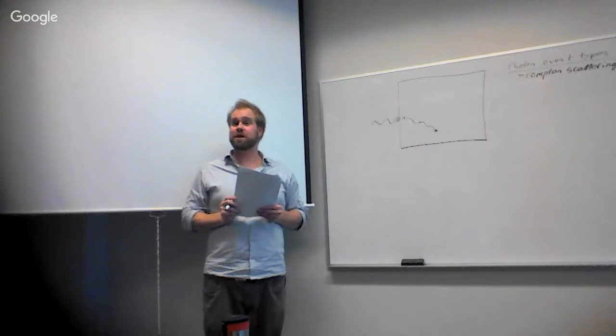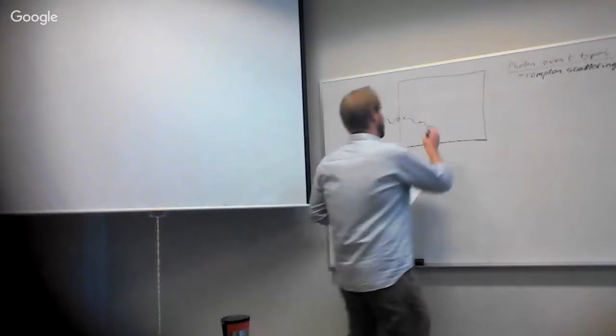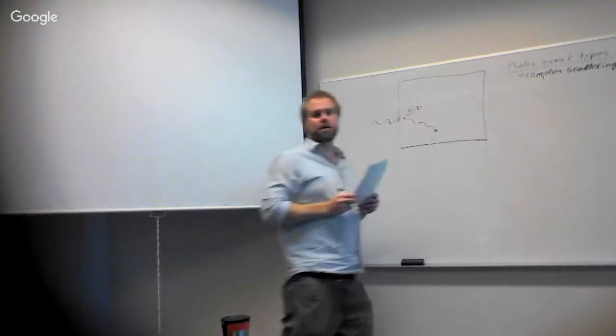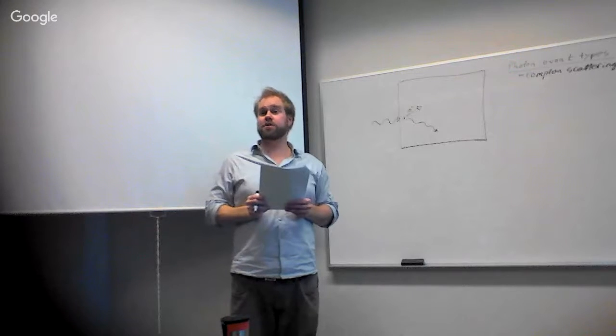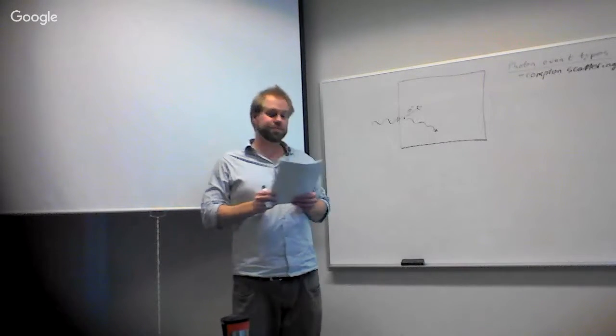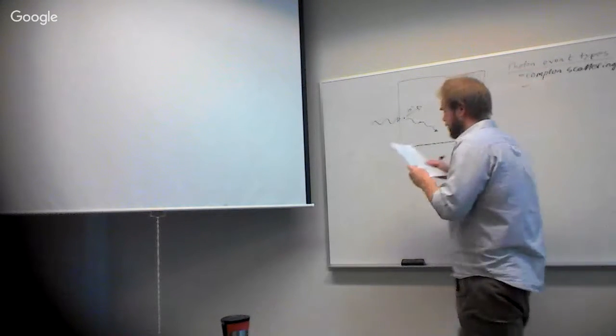Cool. And what else happens? Compton scattering has enough energy to ionize. Yeah, an electron also takes off. Okay, so that could be a Compton scattering. Cool. Any other type of event?